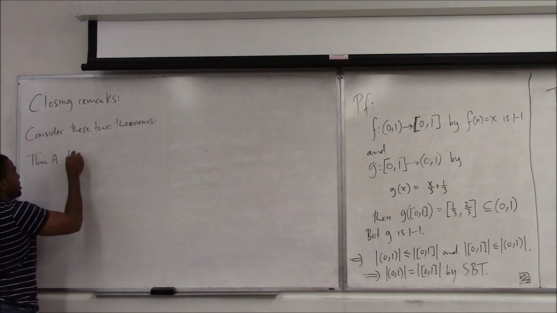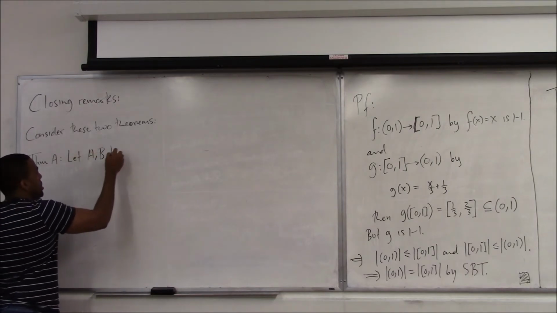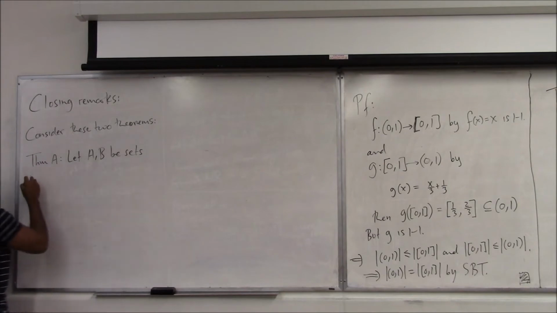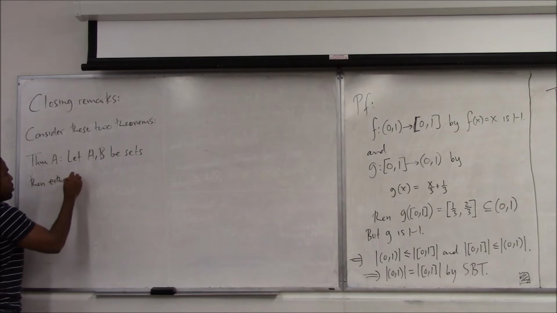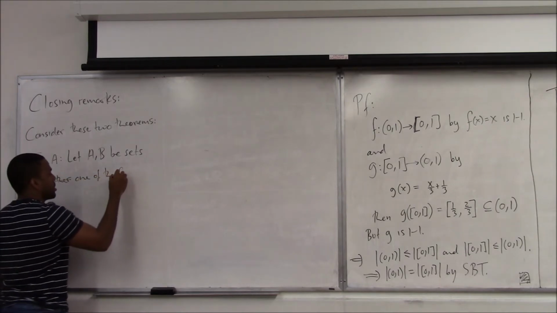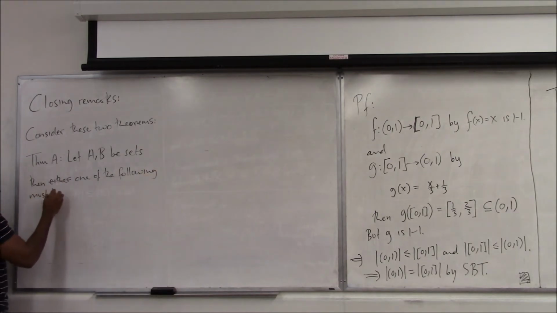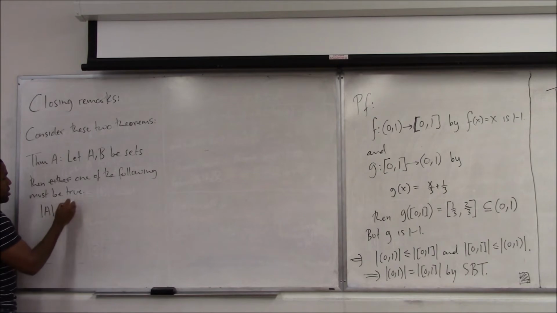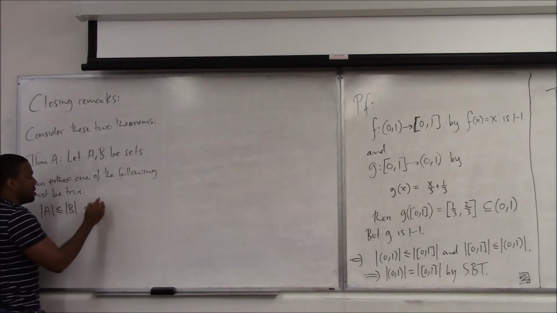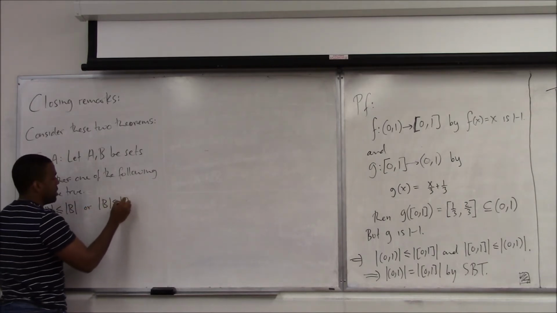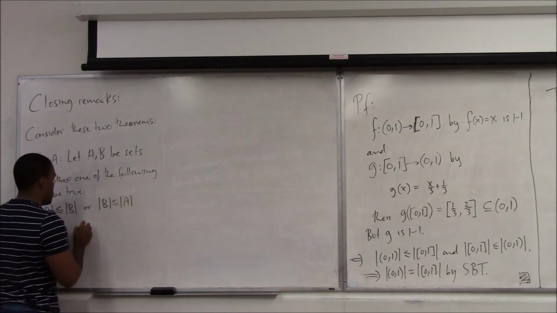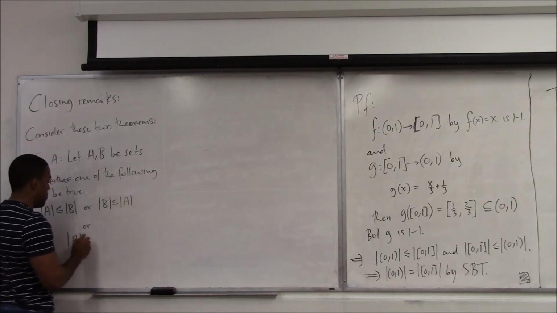It says, let A and B be sets, then one of the following must be true. Either the size of A is less than or equal to the size of B, or the size of B is less than or equal to the size of A. Or they're the same.